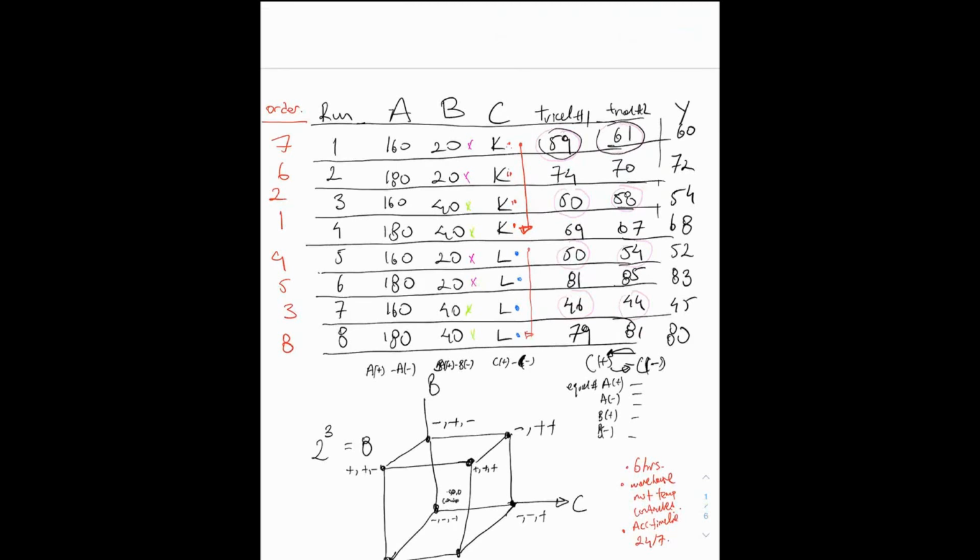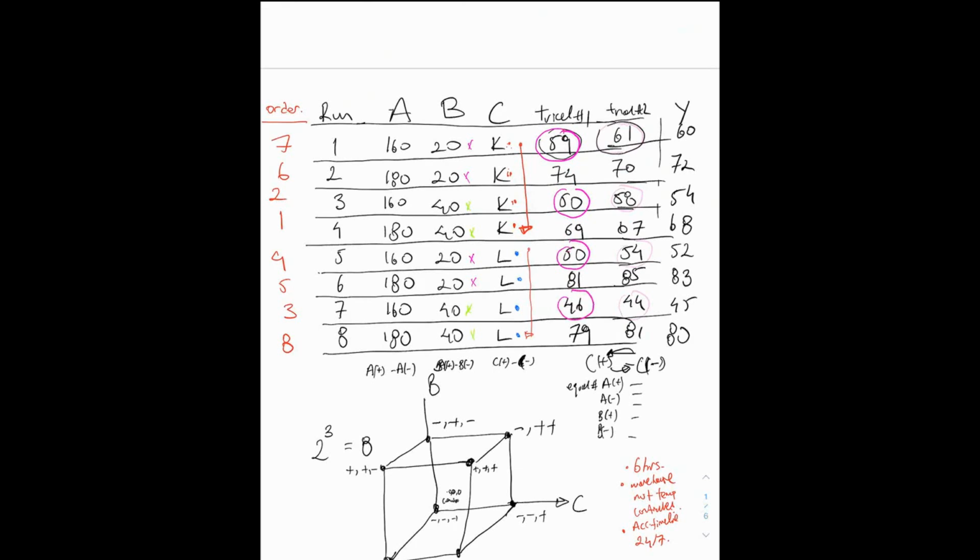So all the A minus values are going to be 59, then 50, then another 50 and 46.